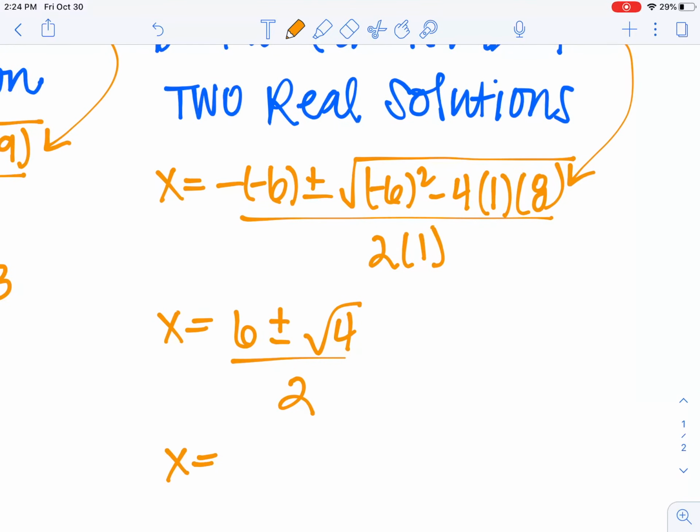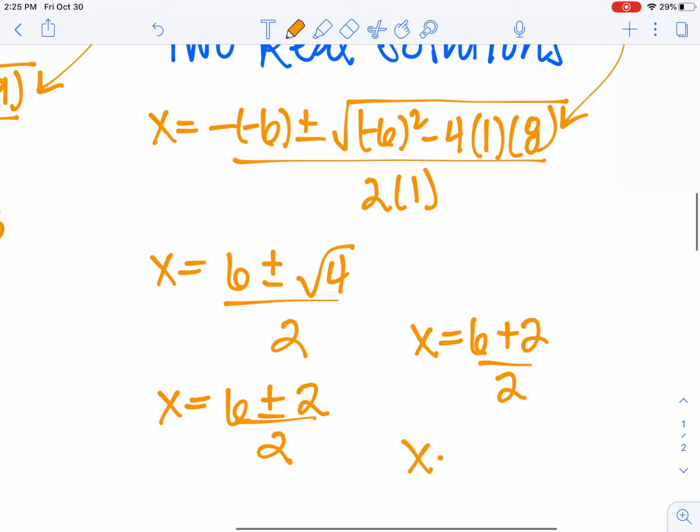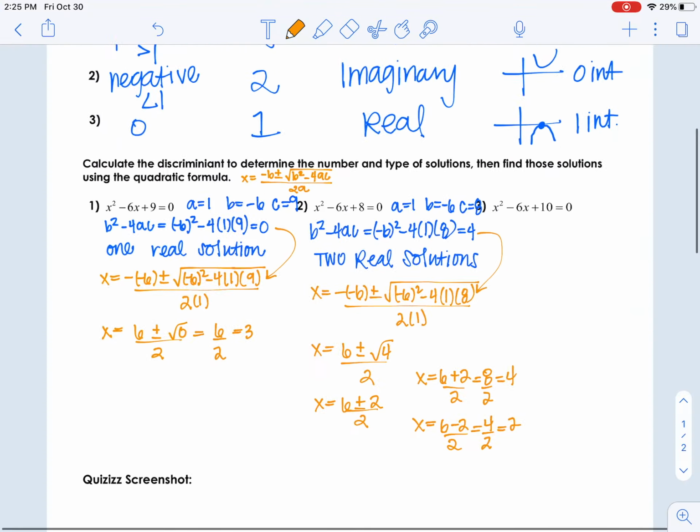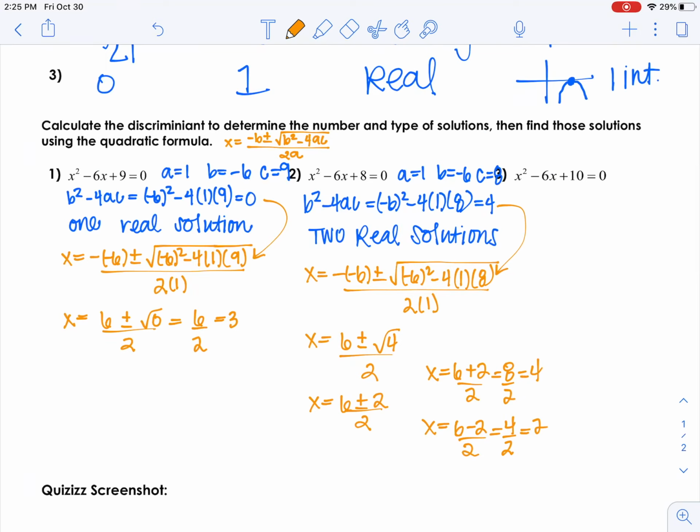Well, the square root of 4 is 2, so 6 plus or minus 2 over 2 would be 6 plus 2 over 2, and 6 minus 2 over 2. Well, this is 8 divided by 2, so 4. This is 4 divided by 2, so 2. Okay, 2 real solutions. Doing that discriminant also is going to help us to affirm that we get the right solutions. If we know we're supposed to get 2 real solutions, that's what we want to see.